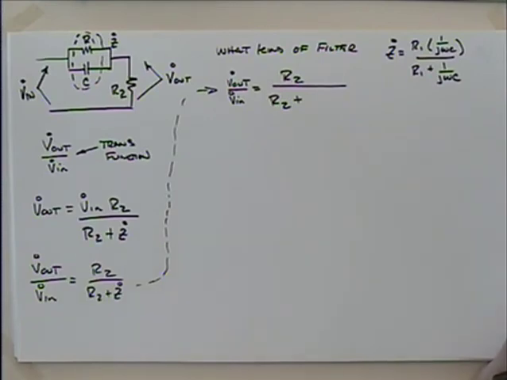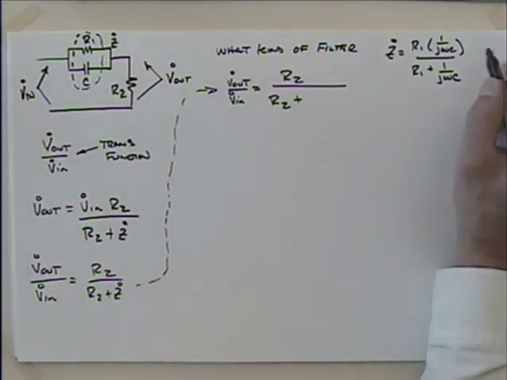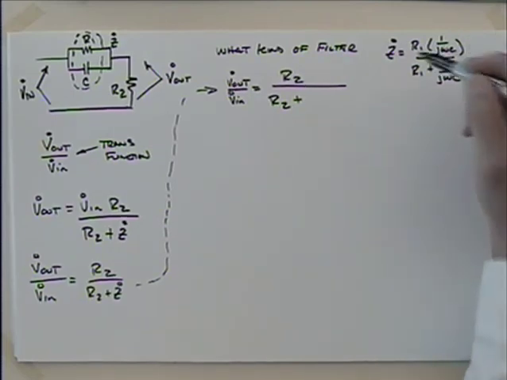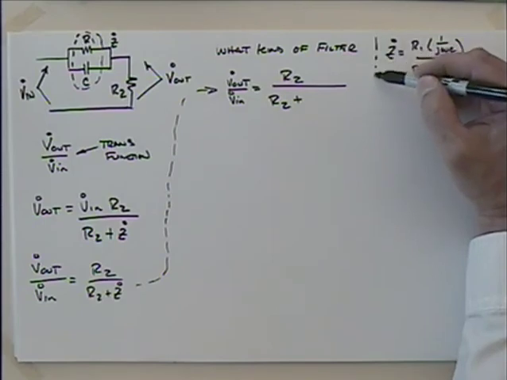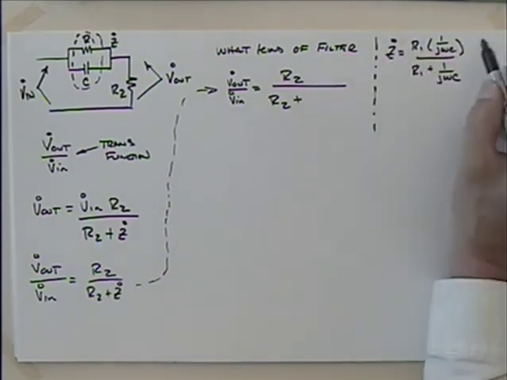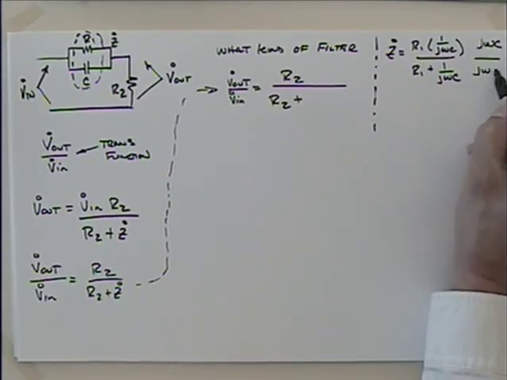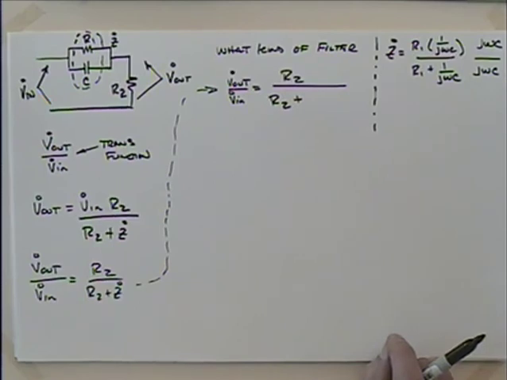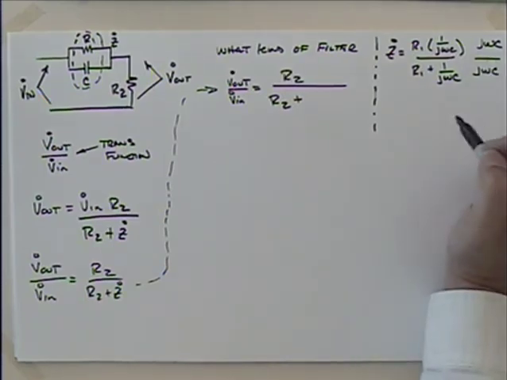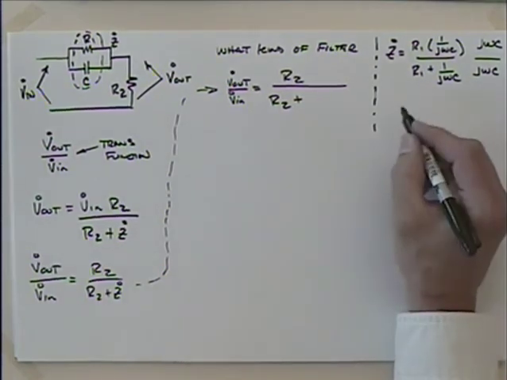So let's see. How do I want this to look? I'll just work on this Z over here for a little bit. I'd like to multiply it by j omega C over j omega C. Is that fair? Yeah, I'm just multiplying by 1. It's a weird looking 1, but it is 1.